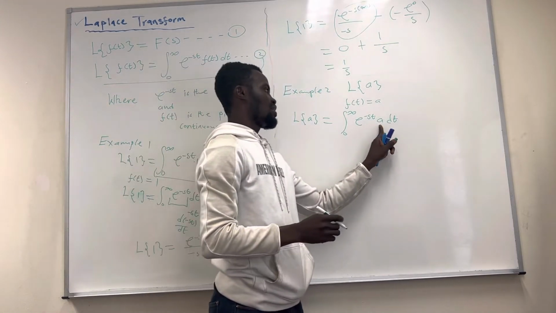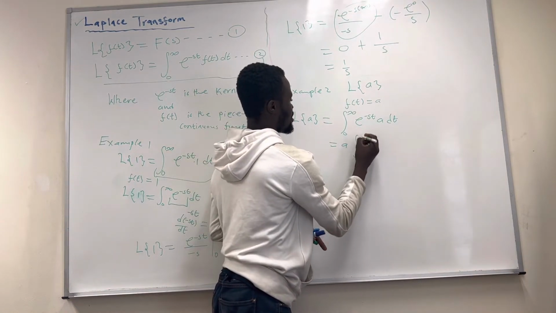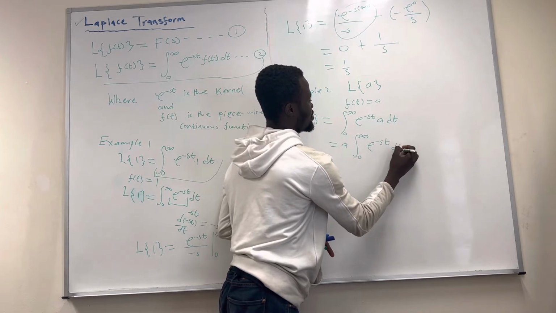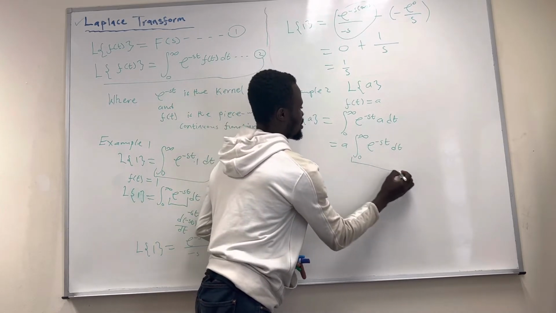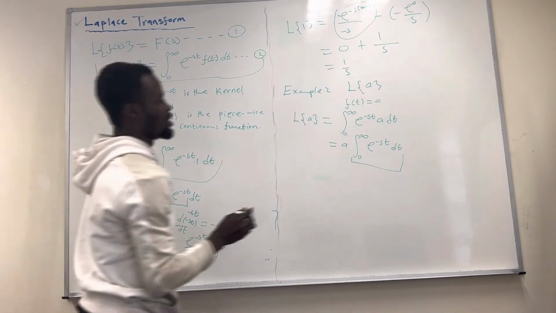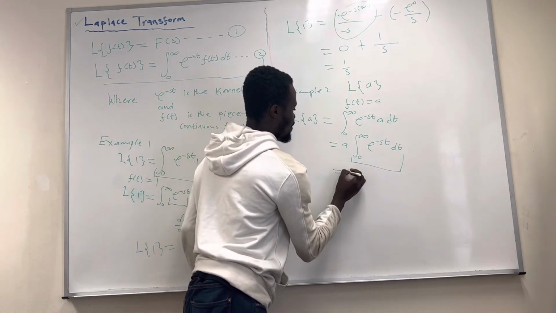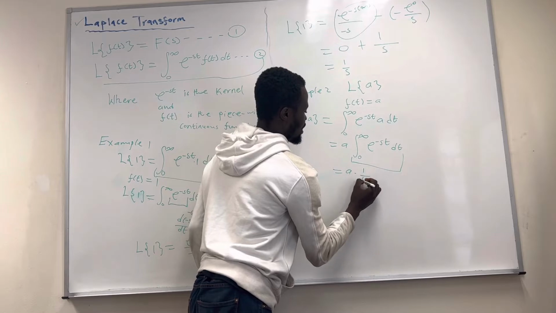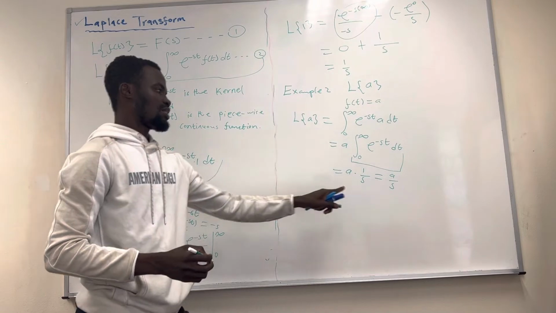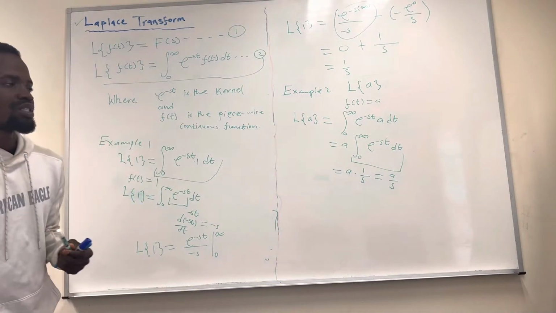Okay, so this a is just a constant, so we just bring it out. So we have a times the integral of e to the negative st dt. This whole thing is what we found from this side. So this whole thing is 1 over s. So we have a times 1 over s, which is a over s. So the Laplace transform of a is a over s.